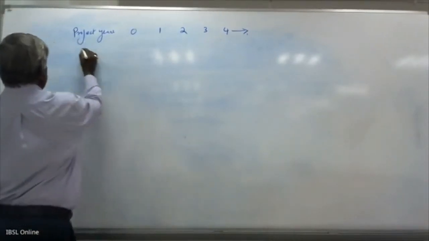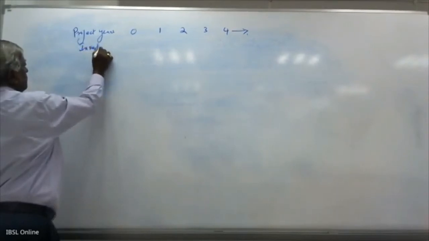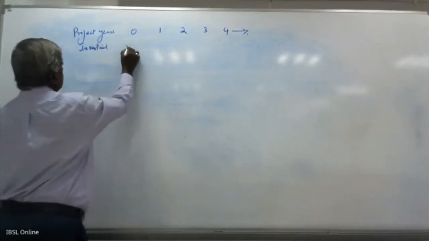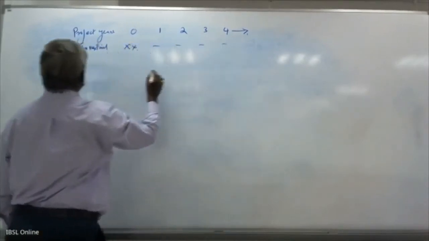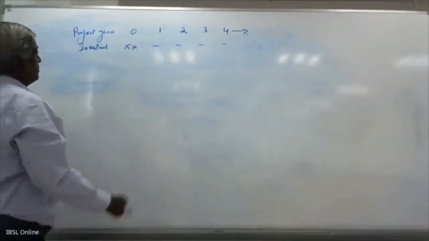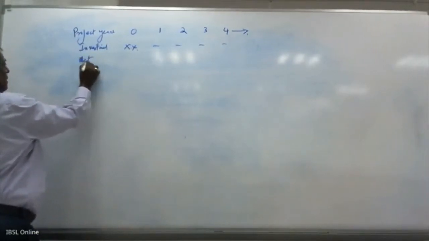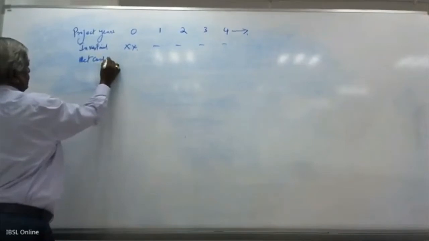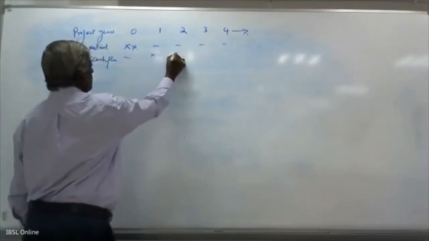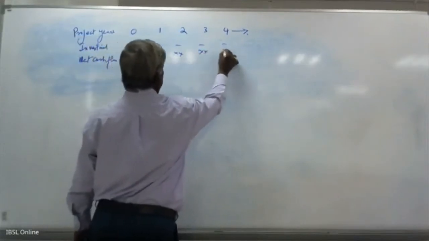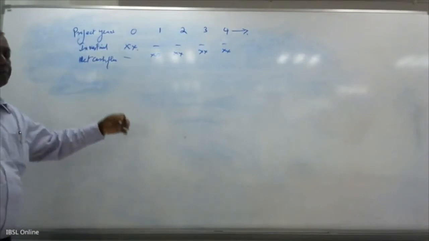So there may be investment. Then return. Then we go to net cash flow. We call it net cash flow. So actually, in a simple way, I am putting it.